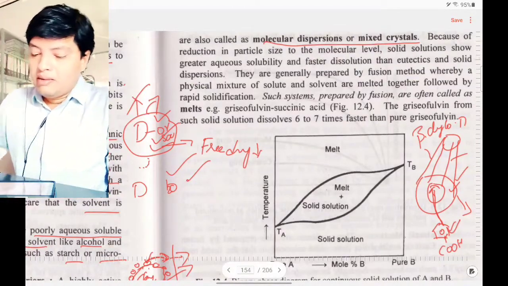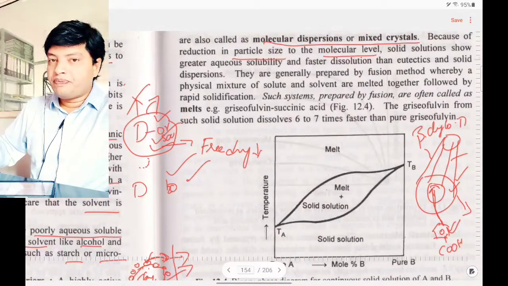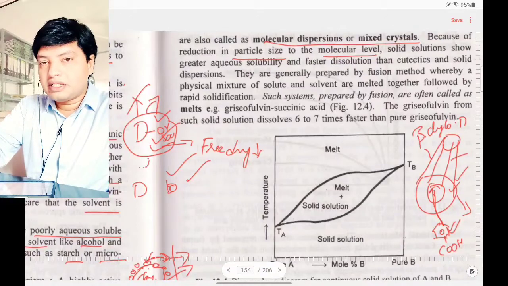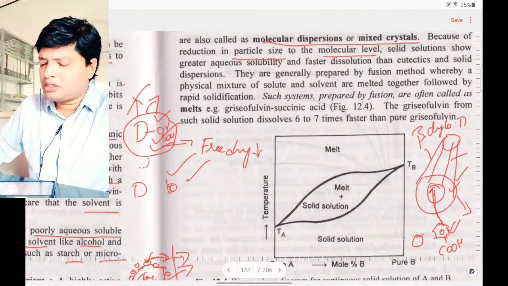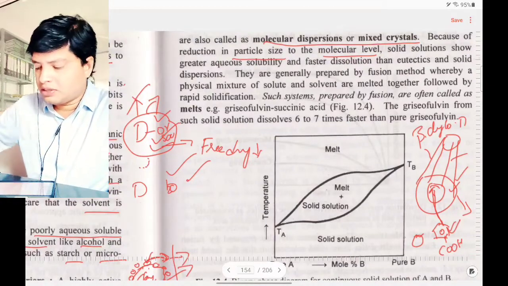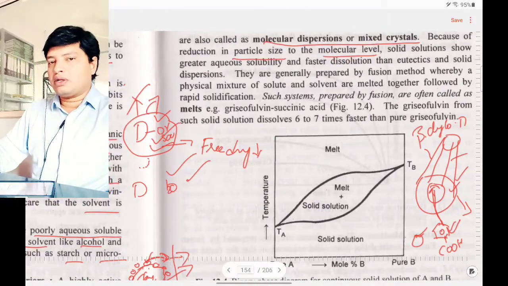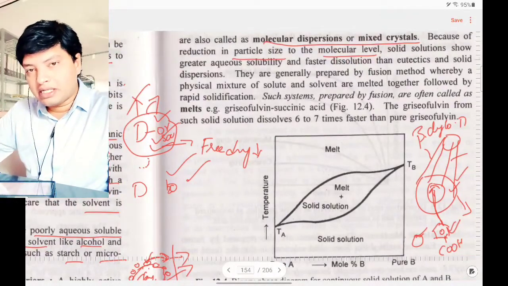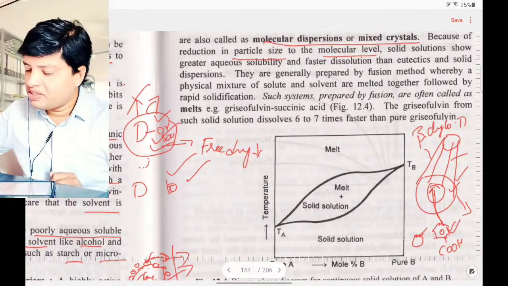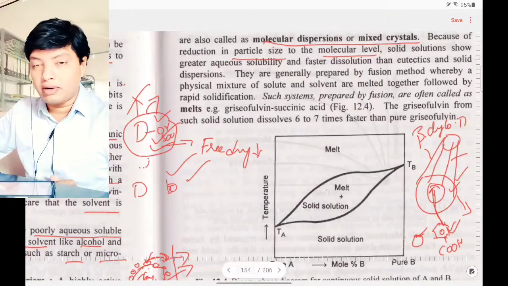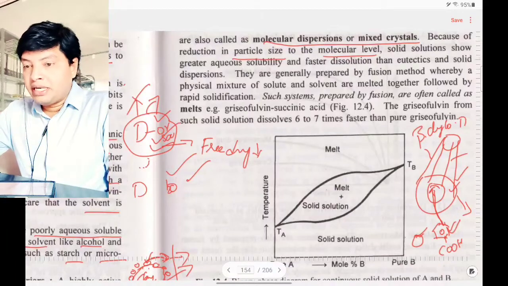Now, because of the particle size being reduced to molecular level, see, benzoic acid molecules together form a large particle. This particle has millions of benzoic acid molecules. Now when you melt them and crystallize them, they are converted to the molecular level. One molecule of benzoic acid enters one molecule of beta cyclodextrin. So the particle size has been reduced to the molecular level.